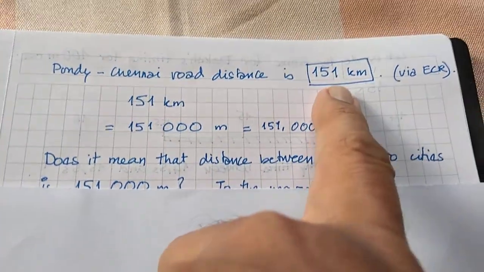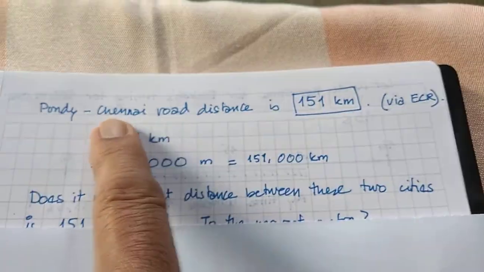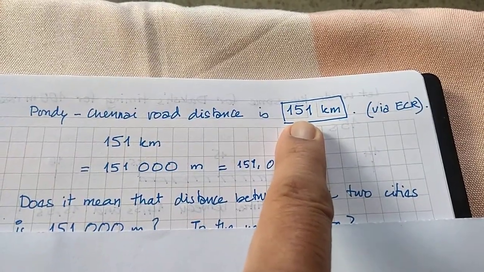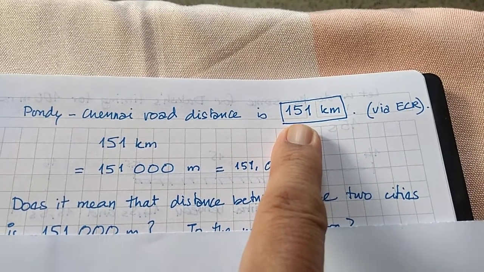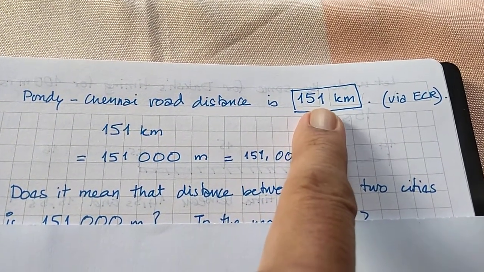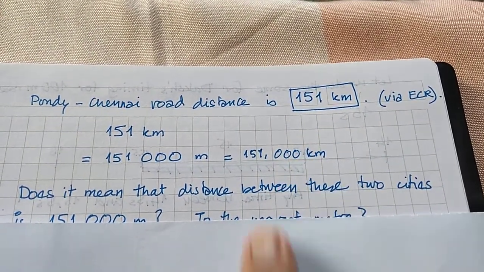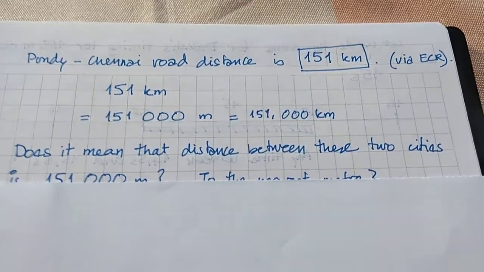So, when I say Pondi to Chennai is 151 kilometers, then essentially what I am saying is that it is more than 150 kilometers, it is less than 152 kilometers. So let's draw a number line.